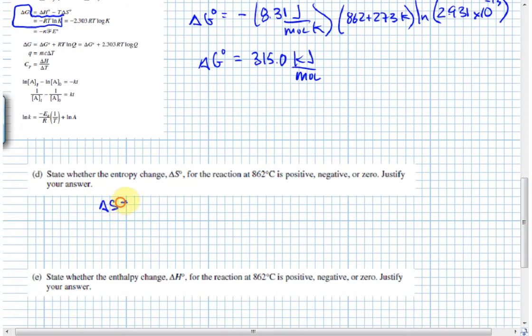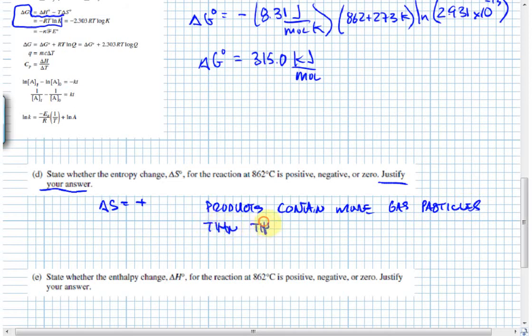Delta S equals positive. Notice that on the AP Chem exam, they're always going to ask you to justify your answer. Your justification is that the products contain more gas particles than the reactants.